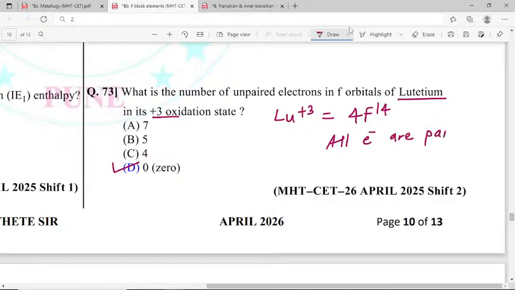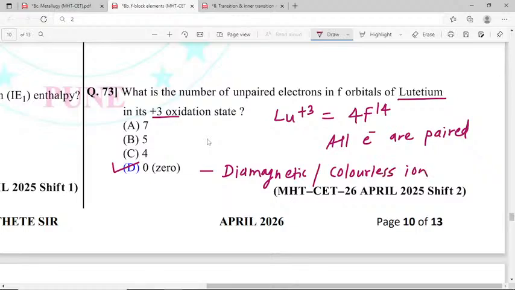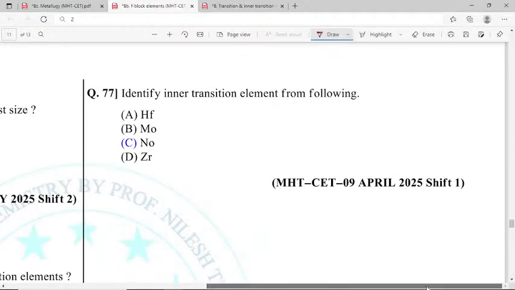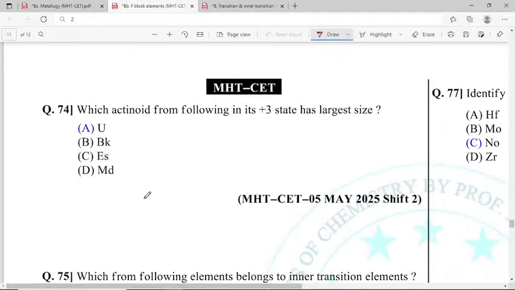So it is diamagnetic as well as colorless. Always remember, if there are 0 unpaired electrons, it should be diamagnetic and colorless. There is no color, white color.